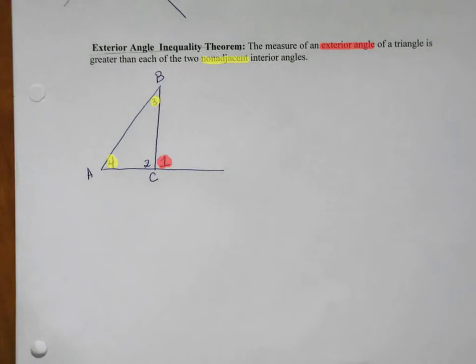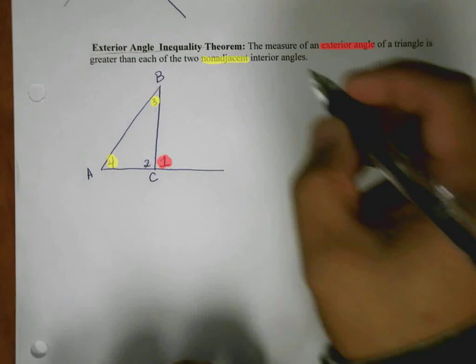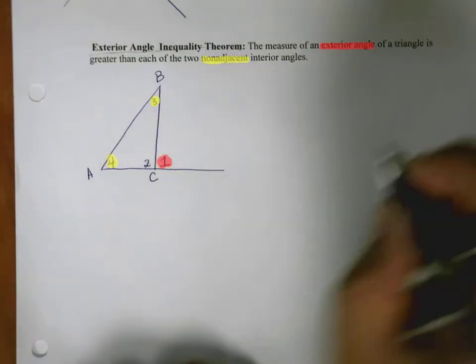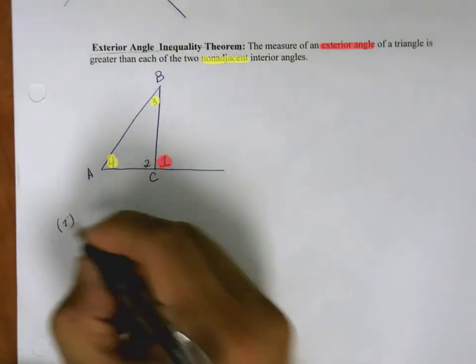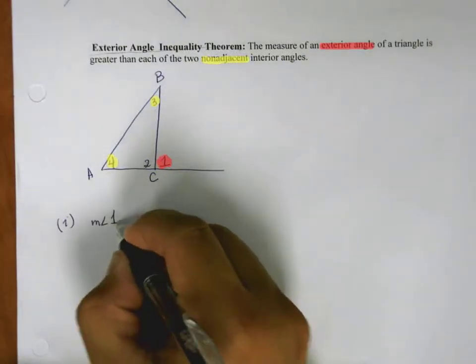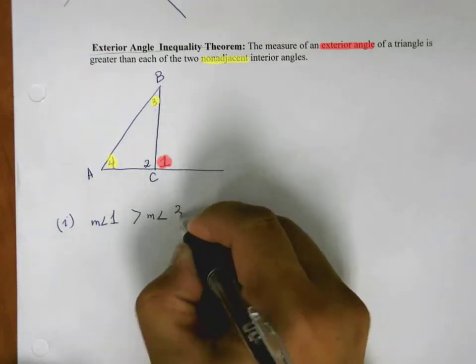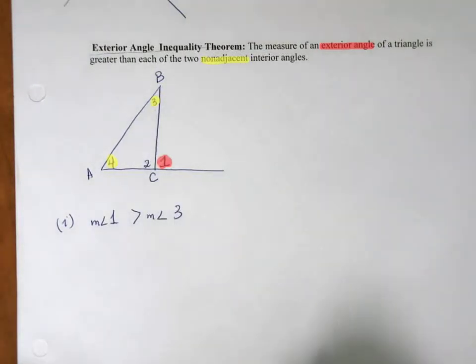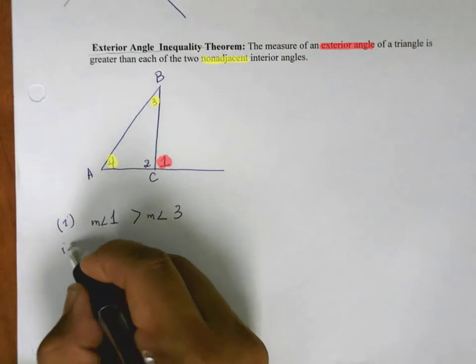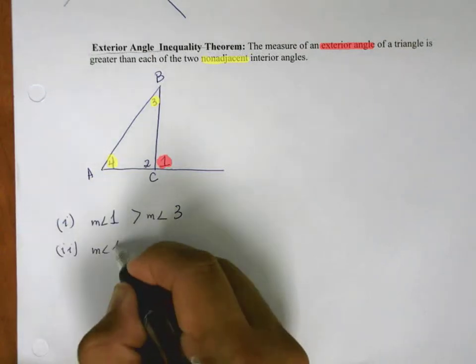So this theorem actually says two different things. The first part says that the measure of angle 1 is greater than the measure of angle 3. And the second part says that the measure of angle 1 is greater than the measure of angle 4.